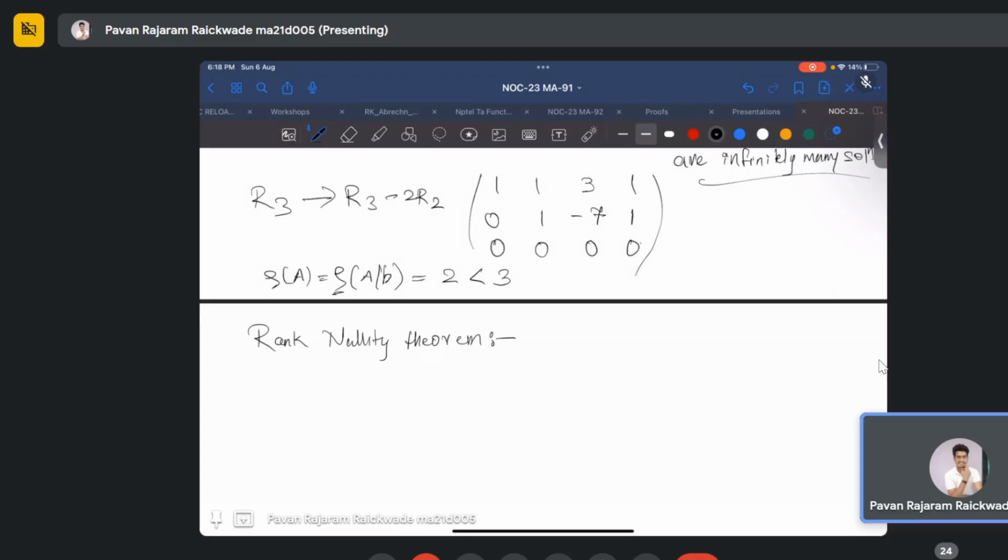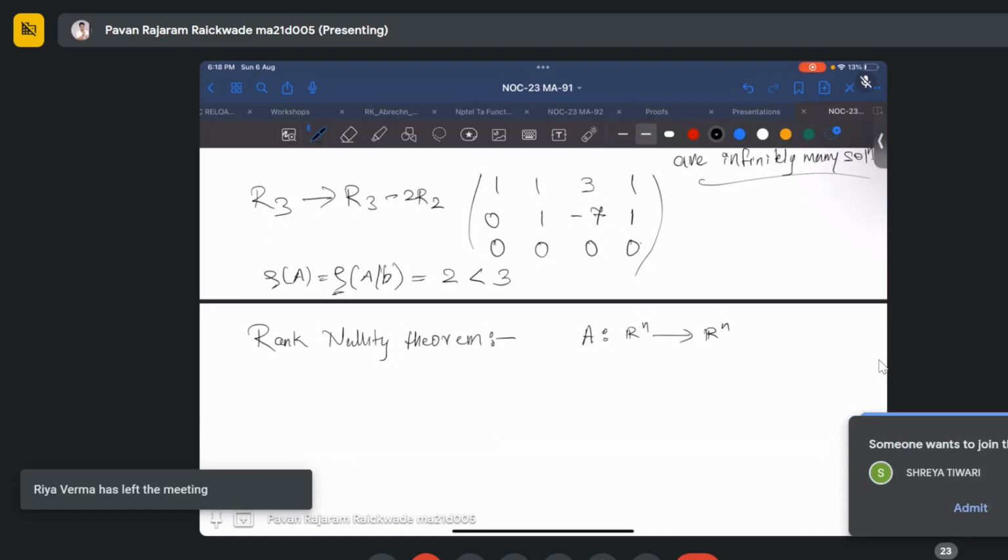First thing is, what is a rank? Consider A as an operator from Rn to Rn. Every matrix is itself an operator, you can think of. Operator means it's a linear map from Rn to Rn.